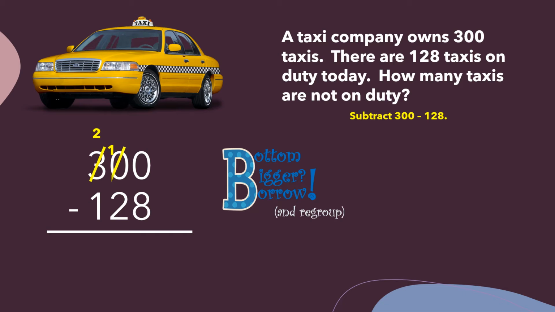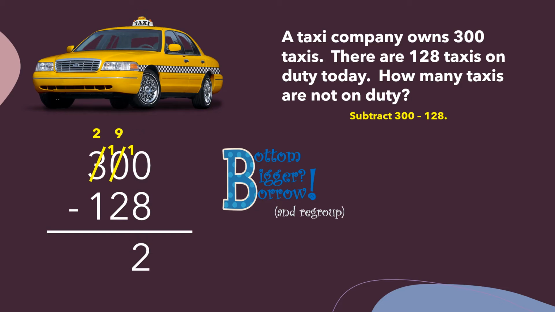I can borrow 1 from that 10 to get 9, and that 1 goes to the next column of the ones column. So now in the ones column, instead of a 0, I have 10 ones. So 10 minus 8 equals 2. That's a subtraction fact that I know.